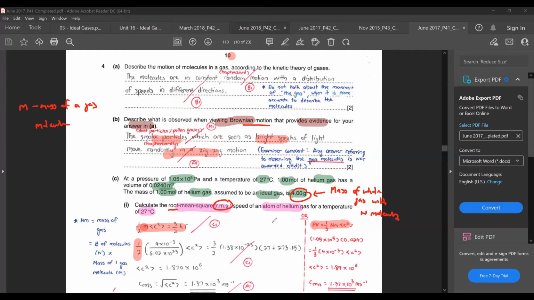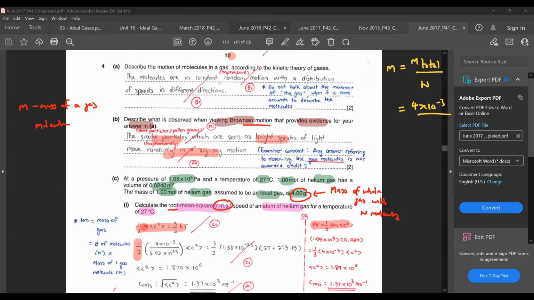So if you want to find the mass of one molecule, logic will tell you that m would be M total divided by the number of gas molecules. So you will take 4 grams, but remember to change it to kg, so you times 10 power minus 3, divided by the number of gas molecules.